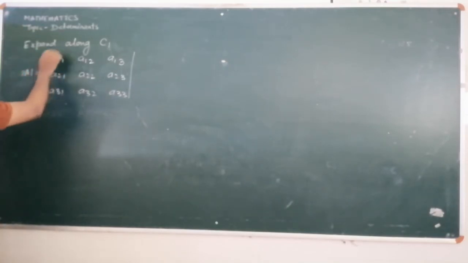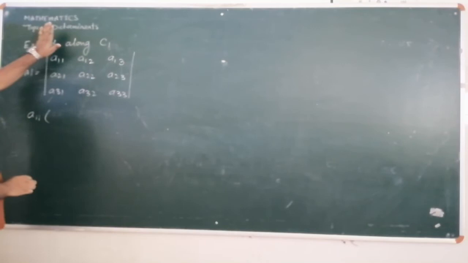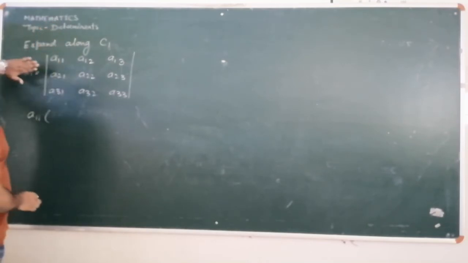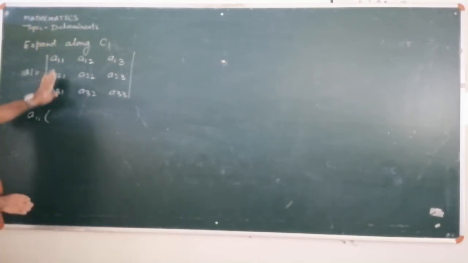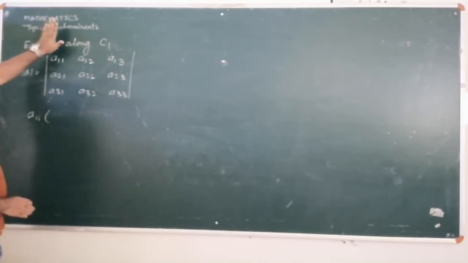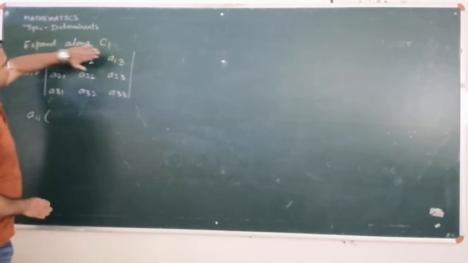We want to expand now along the first column. So you will write the first element of the first column, that is again A11. What you will do then? You will hide the first column and the first row.